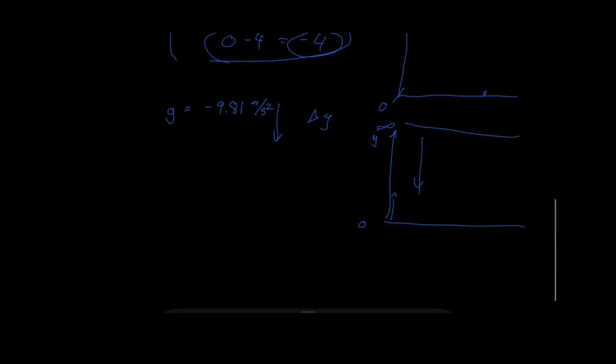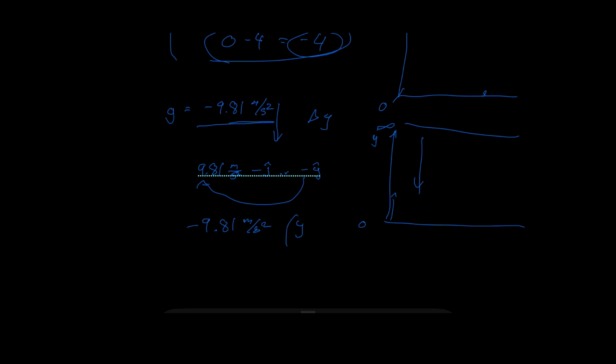And so your acceleration then is actually 9.81 meters per second squared in the j hat or y hat direction. Except it's not. It's the minus j hat or minus y hat direction. And the minus can actually go up front, and so you just say negative 9.81 meters per second squared. And you just kind of assume it's in the y realm, okay?